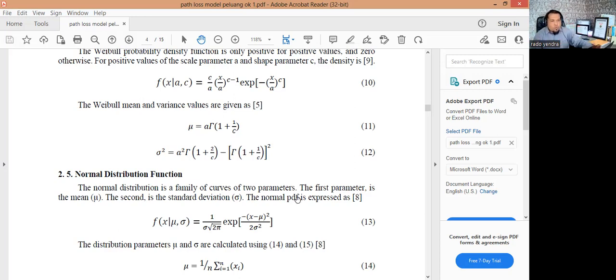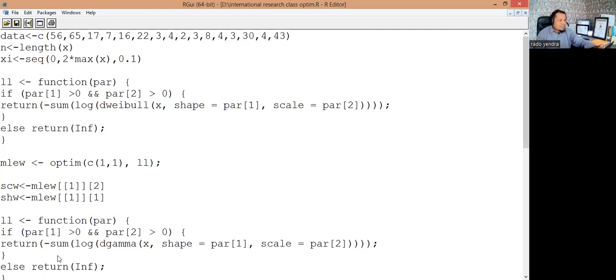Okay, we will open our R software. We stop sharing, and then we open R. For the first step, we will call our data.